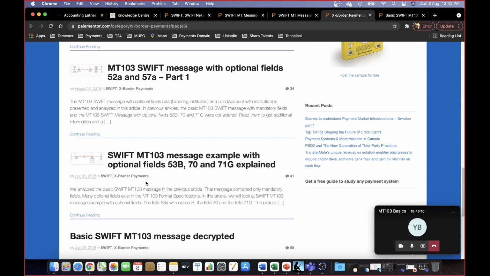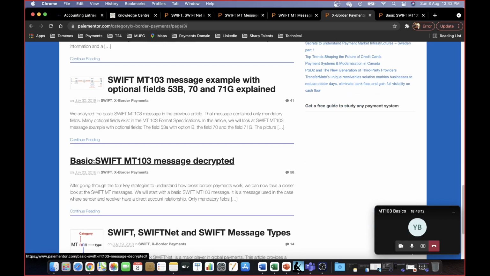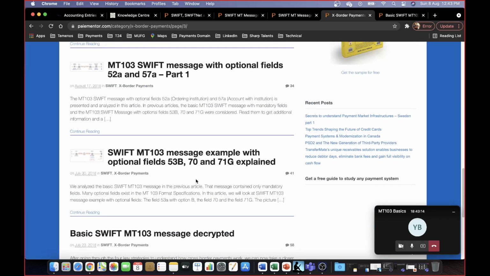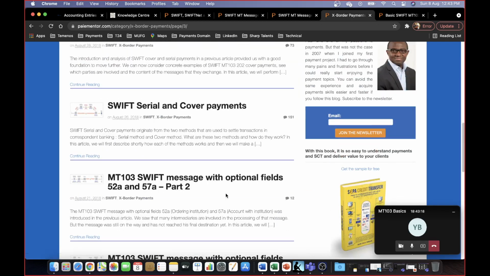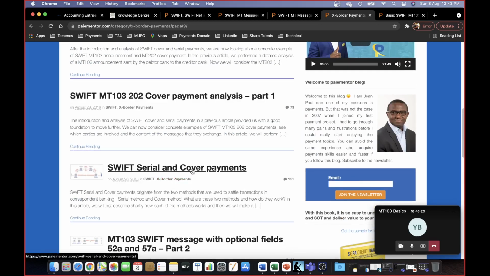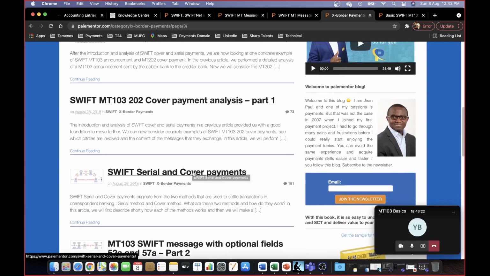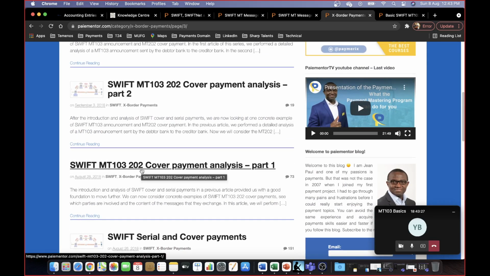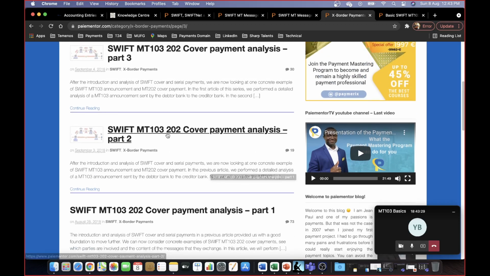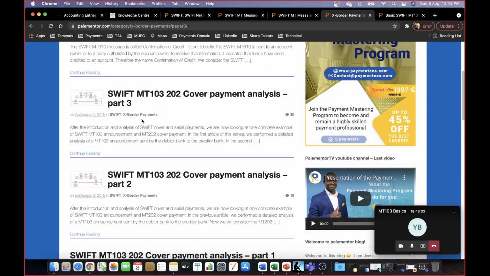You can start by reading basic MT103 message decrypted, option field 53B, 70, 71G, and so on. You can start with the difference between serial and cover method. And you can read this series on SWIFT MT103 to cover payment analysis part 1, 2, 3. This is hugely helpful. It'll give you an idea on the different MT103 shared.